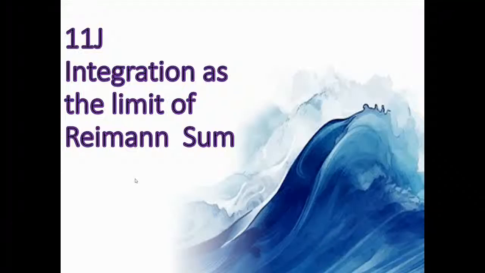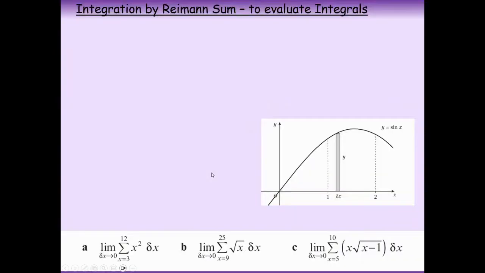Welcome back. In this final section, we will look at integration as the limit of a sum. Now, it might look rather strange, but we've already looked at adding and estimating the area under the curve with trapeziums.